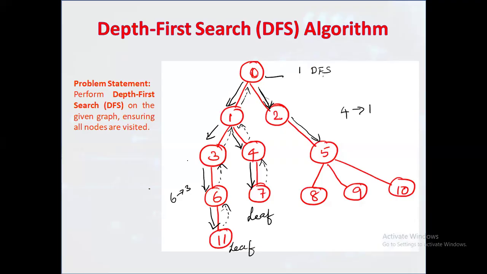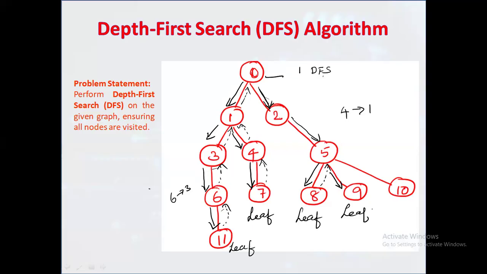from 5, move to node 8. Here 8 is a leaf node. So the algorithm visits it and then moves back to node 5, backtracking. From 5 it will go to 9. Move to node 9.